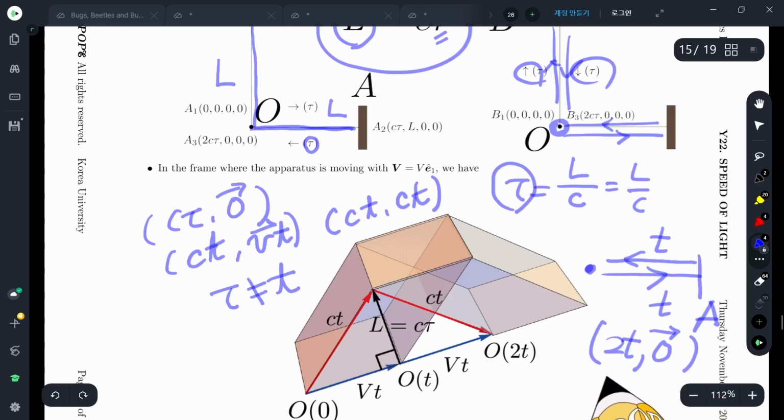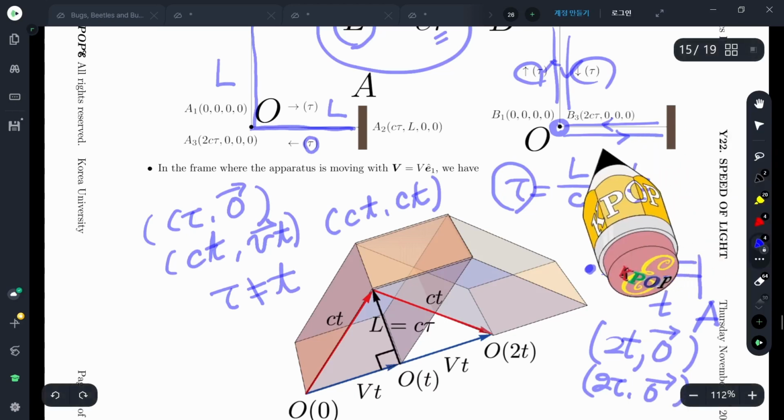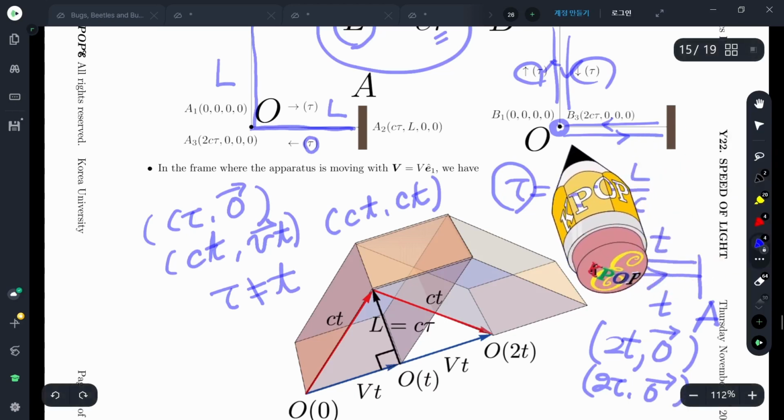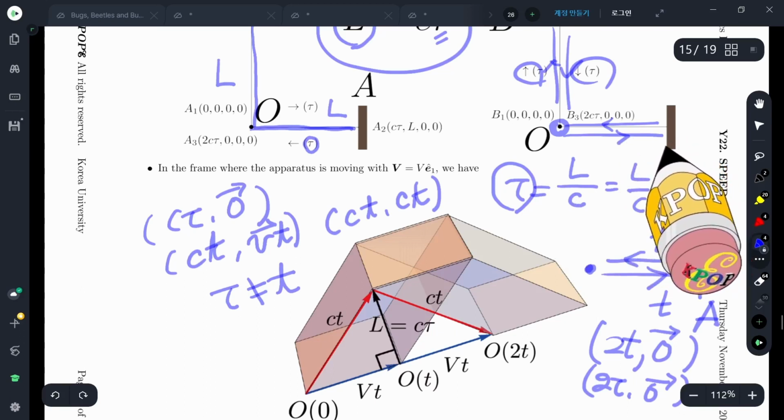That is the reason why I say it is 2 tau. Therefore, I can say the time required for the light to travel to reach the arms A and B is all tau.